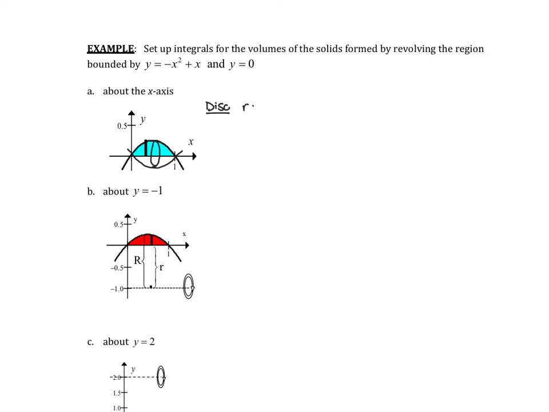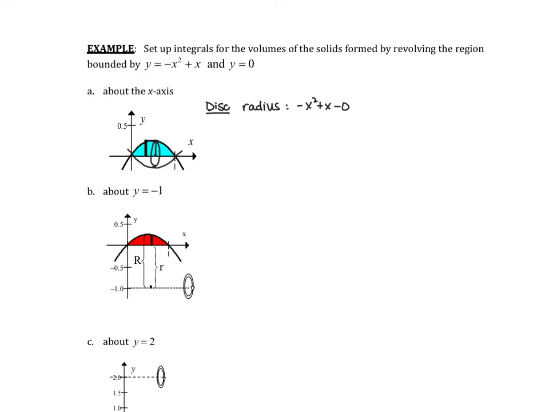So my radius here, remember the radius is the top minus the bottom, and the top here is the function. So it'd be negative x squared plus x minus the bottom, which was just the axis, y equals 0. So my radius is negative x squared plus x.